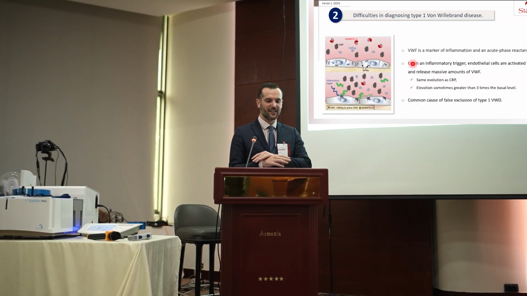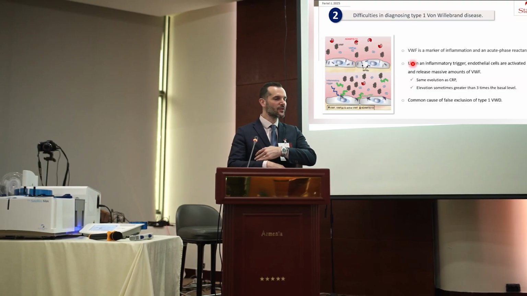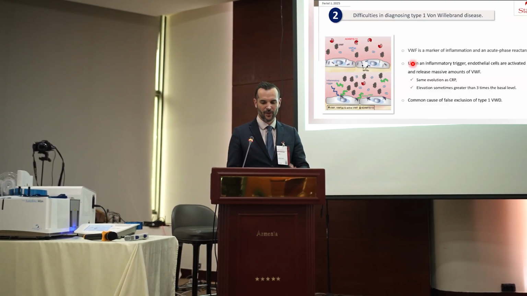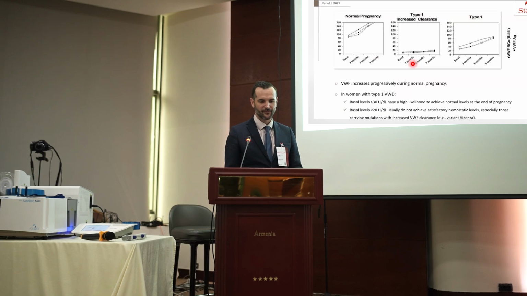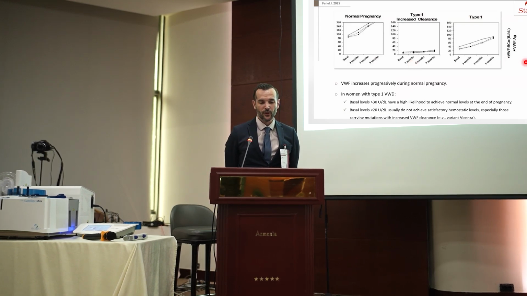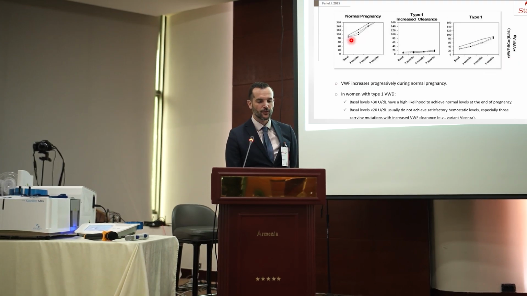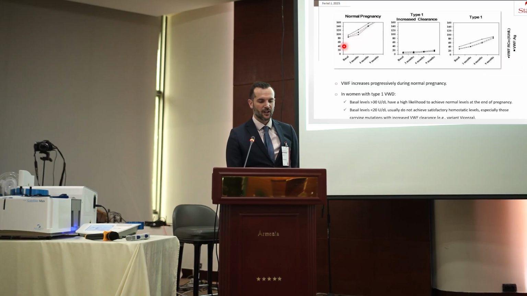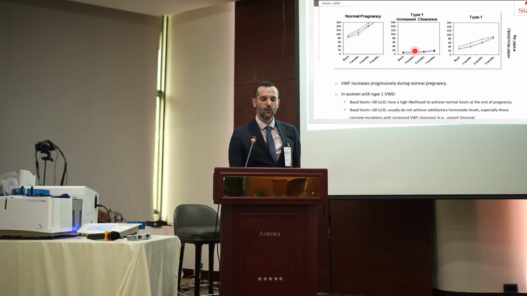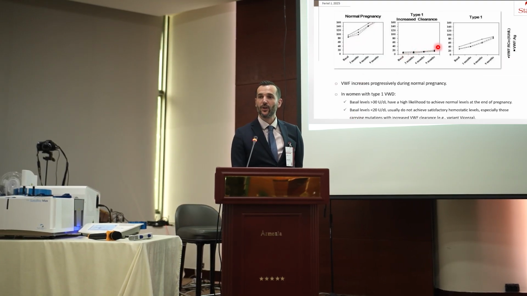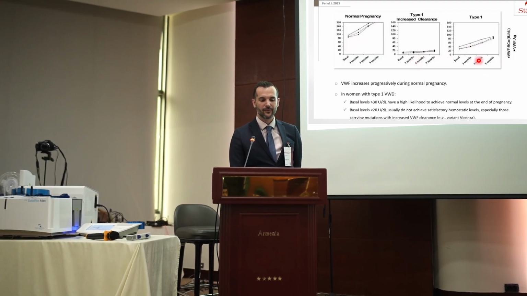So this, I think most of you already know, is no problem. Then, there is also the case of pregnant women, because von Willebrand factor increases progressively during normal pregnancy, from the first trimester to the last trimester. And in women with type 1 von Willebrand disease, it will depend on the basal levels.